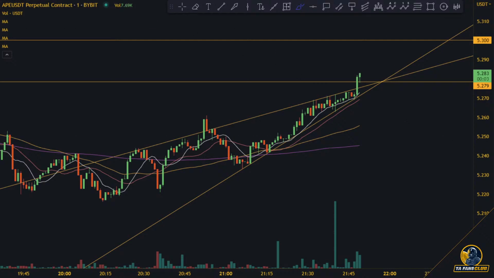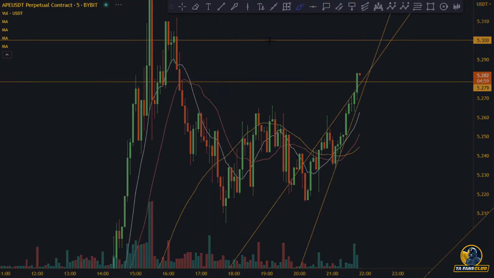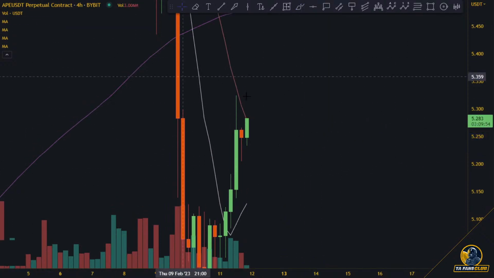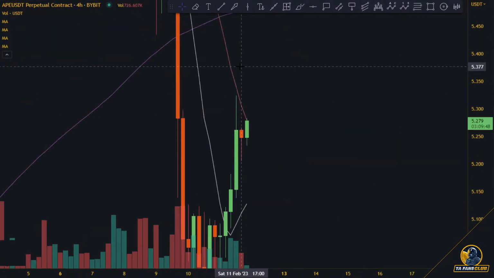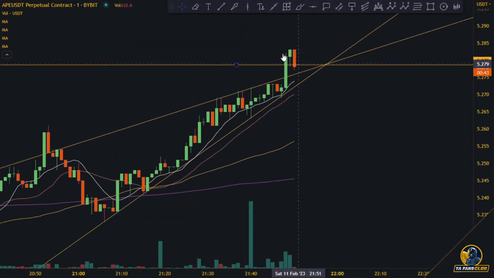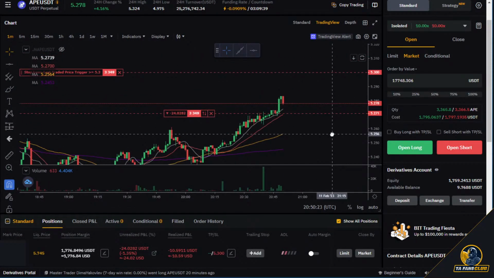But it doesn't seem that it wants to pull back. So maybe. I mean, there is not enough volume up here for this candle, I think. So it doesn't matter.